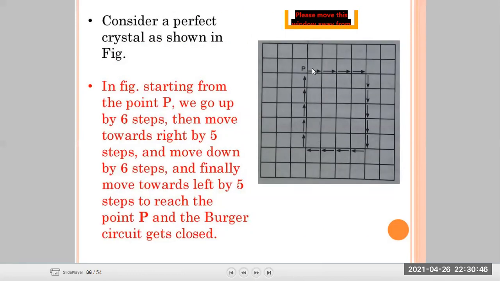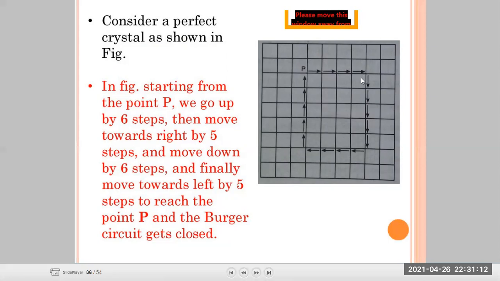Starting in the figure, the starting point is here, P. We go in this particular direction. We go up by 6 steps: 1, 2, 3, 4, 5, 6.